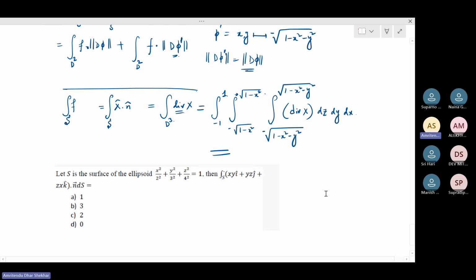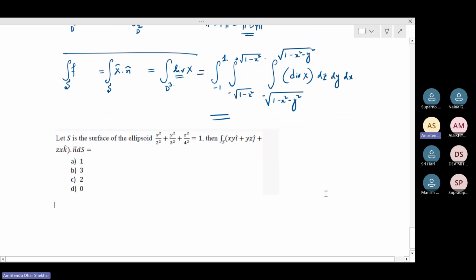Okay. And you have this function which is given to you. So it's just asking you to apply the divergence theorem, right?